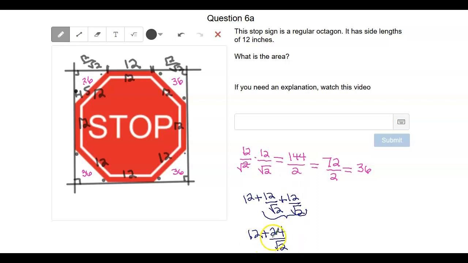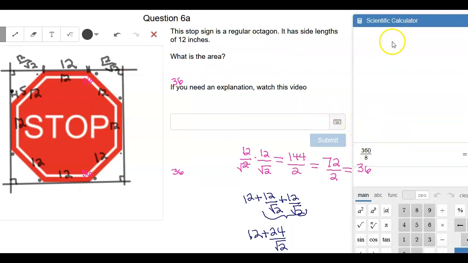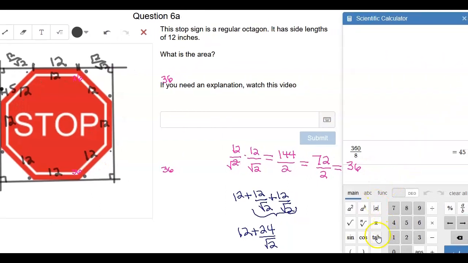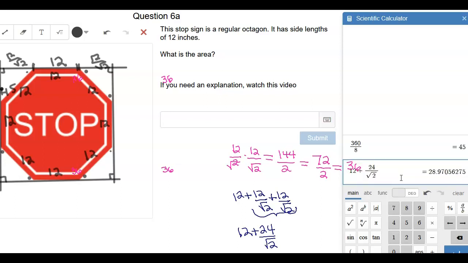So in order to make this a little bit easier, we're just going to use our calculator for this one. Okay, 12 plus 24 over the square root of 2, but we need to square that.